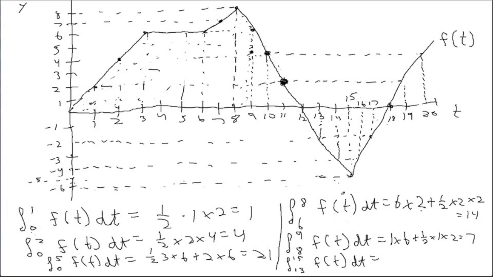So the area of the triangle is 4. So the definite integral of f of t between 15 and 13 is -8. Okay, so now we're talking about this area.